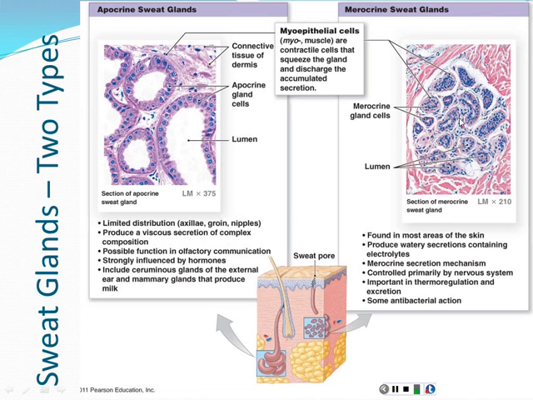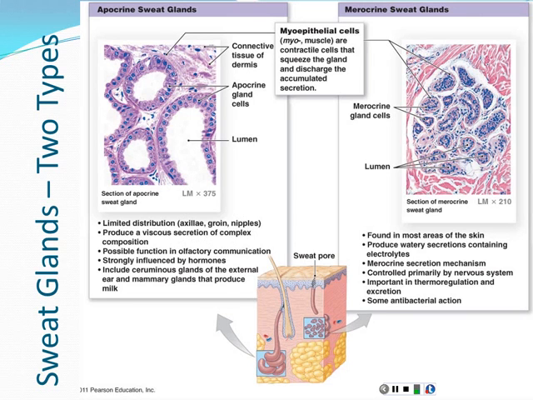The secretion that they make is much different than the merocrine sweat gland. The merocrine is watery and salty. Here we have a very viscous or thick secretion, and it's very complex. There's lipids in it, there's carbohydrates in it, there's all kinds of stuff. Now, the problem is all that complex secretion is food for bacteria.